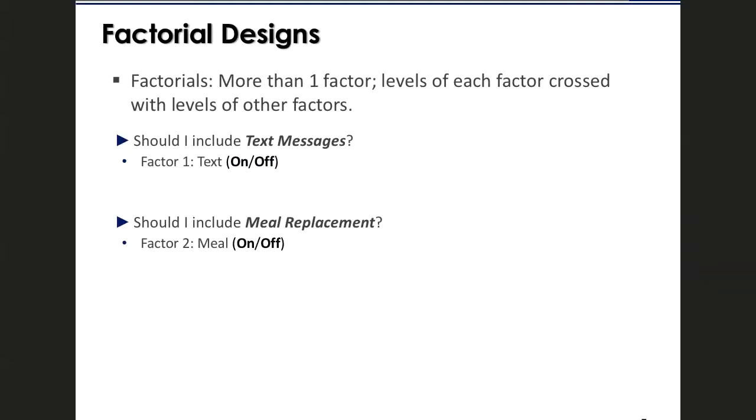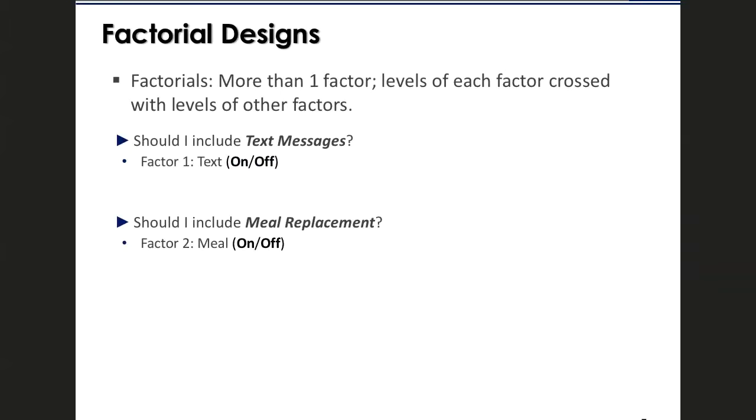So it involves randomization, and factorial designs obviously involve more than one factor. In these designs, the levels of each factor are crossed with the levels of the other factors to form a design with multiple experimental conditions. Let's see how this works. We always start with a scientific question. Let's assume that there are two questions that prevent me from developing a high-quality intervention package. Should I include text messages in my intervention? And should I include meal replacement?